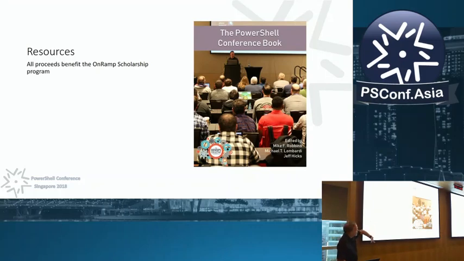All the proceeds go towards a scholarship program to bring people who are new into the industry to the PowerShell Global Summit that we hold in Bellevue, Washington every year, to get them up to speed learning PowerShell. Several speakers here have worked on this book. It's on Leanpub. You can get a hard copy print version from Amazon. If you buy the Leanpub version, you have it forever. If we make updates for fixing bugs or something, then you get the new version.